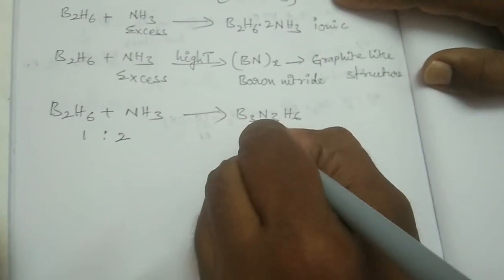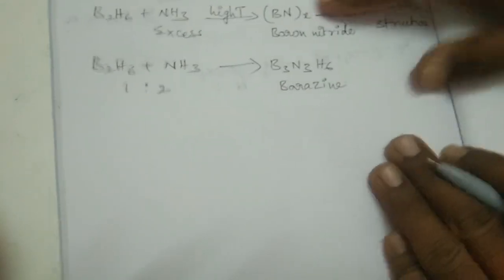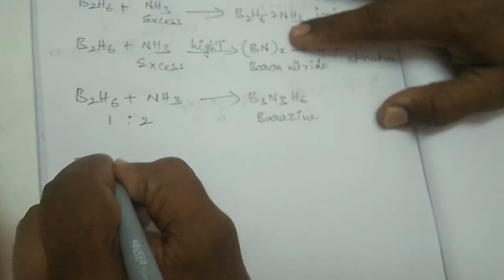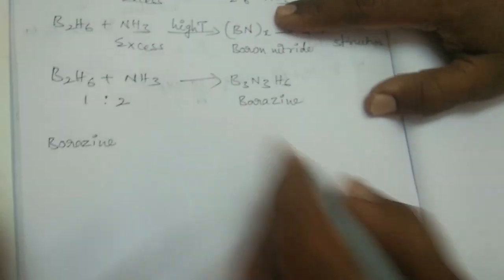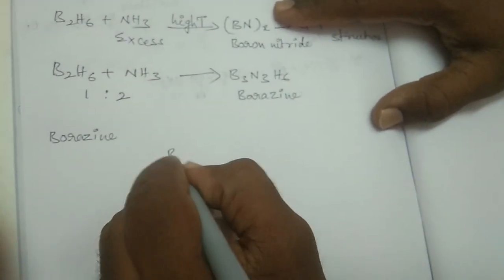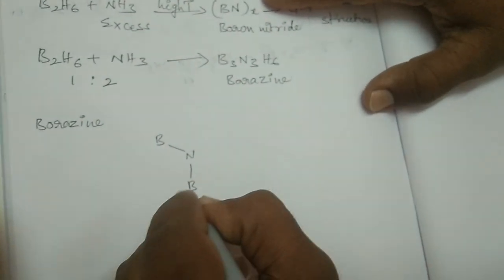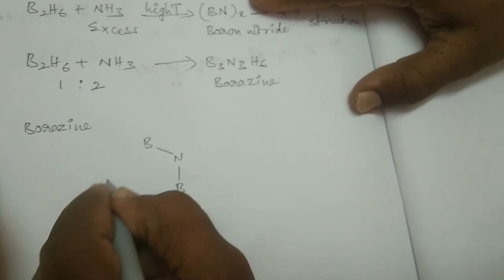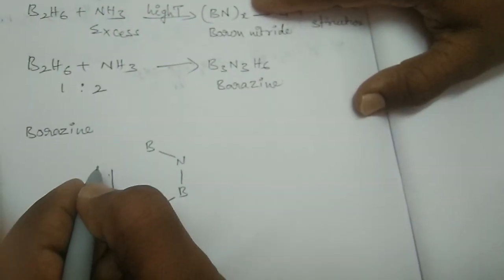This is called borazine. Borazine is a cyclic structure which is similar to benzene, with alternating boron and nitrogen.